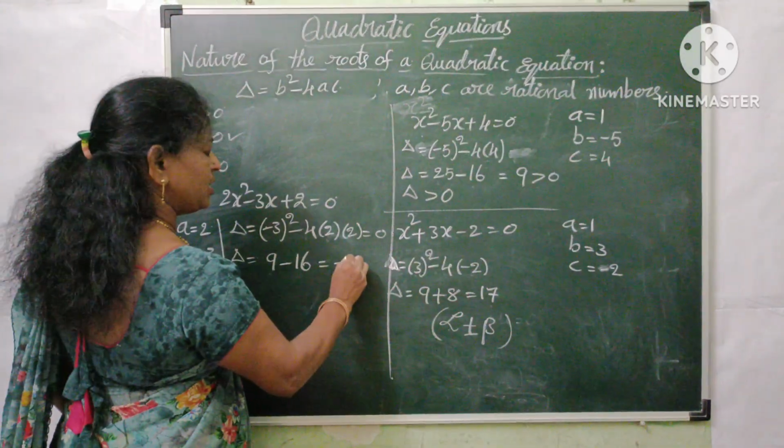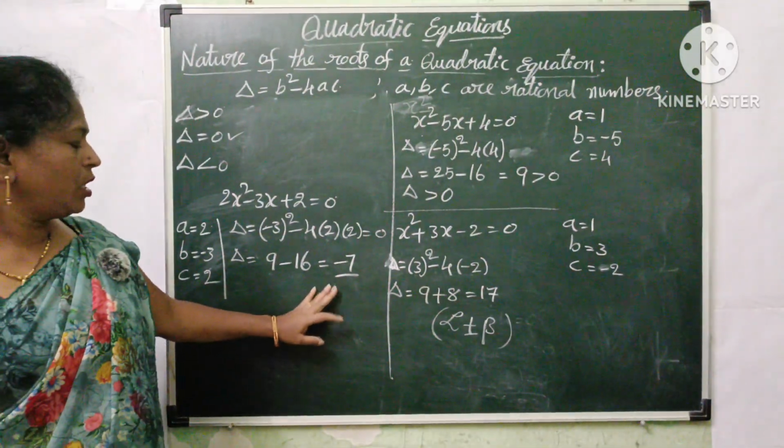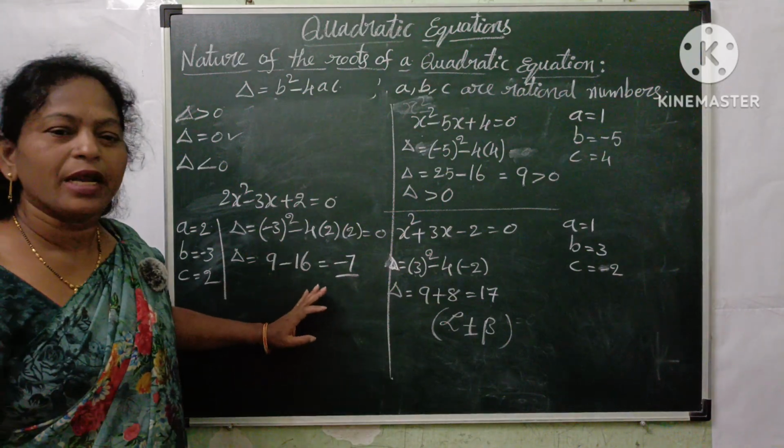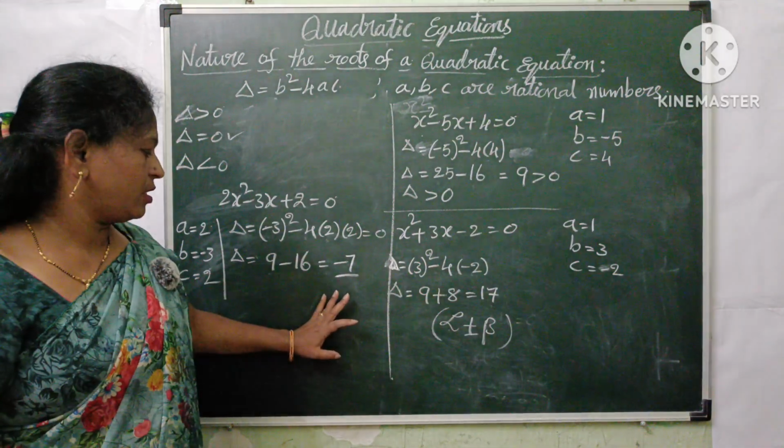Minus 7. Minus 7 is not a rational number. Here the roots are imaginary numbers, imaginary and conjugate to each other.